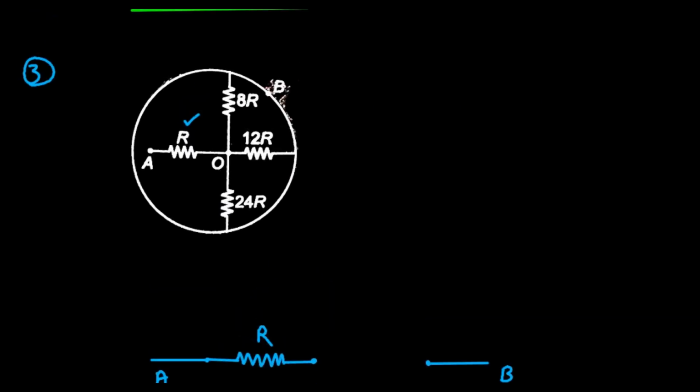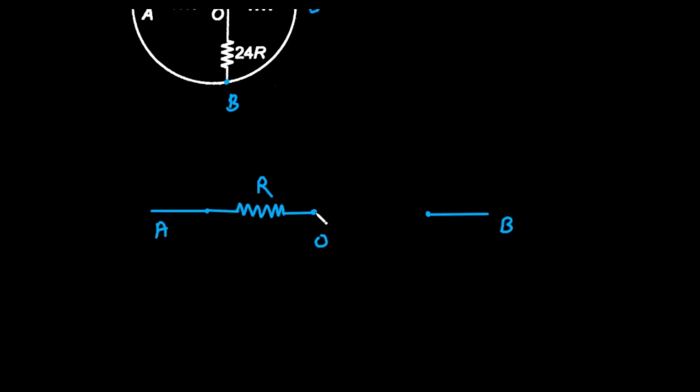Then between terminal O and B. Now here we can see this is also B, this is also B, and this is also B because they are all connected together. So between terminal O and B, it is 8R.